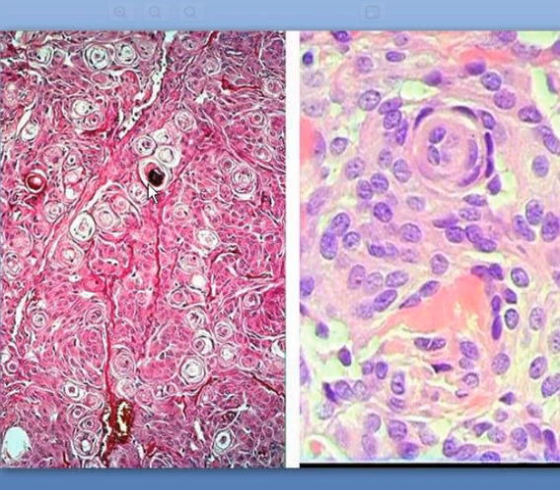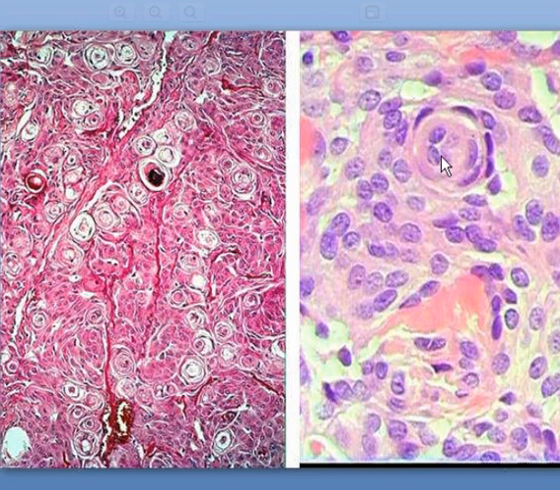Remember, we showed you psammoma bodies in papillary adenocarcinomas of various other organs, like thyroid, like breast, like ovary. Well, in the case of those adenocarcinomas, a psammoma body is a dried up papillary structure. But in the case of a meningioma, it's just a calcified whorl, because these are not glandular at all.